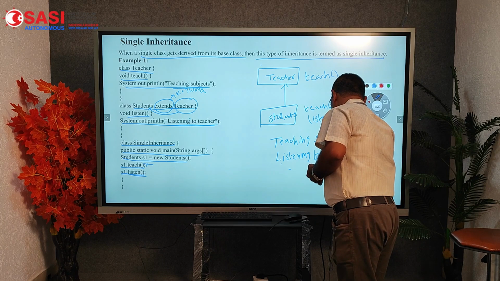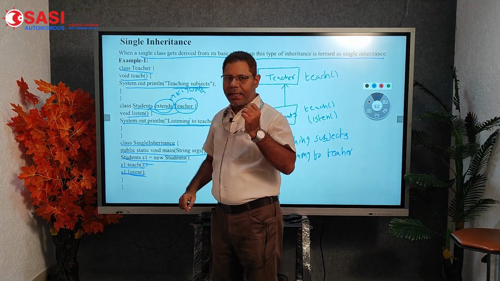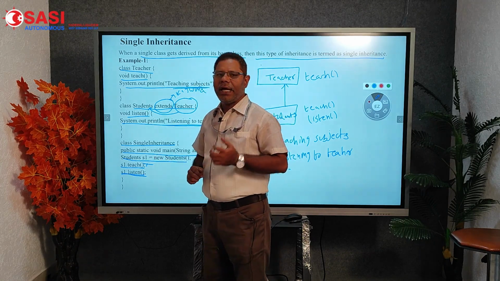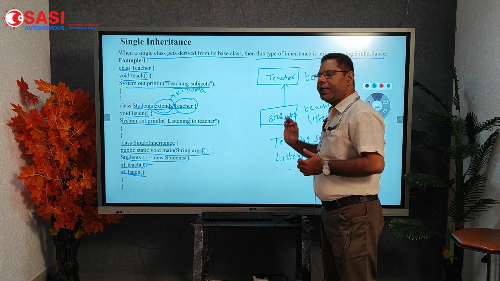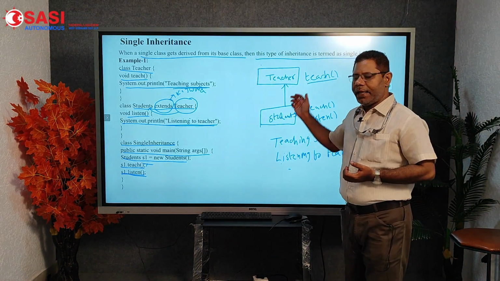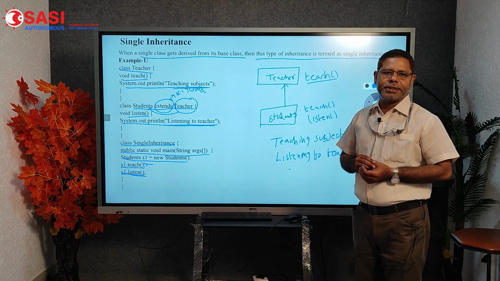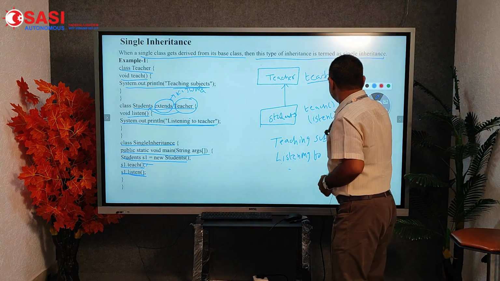So this is the output for this program. Here the Teacher class is the base class and the Student class is the derived class. The Teacher class property, the teach method, can be used in the Student class. This is the example for single inheritance.